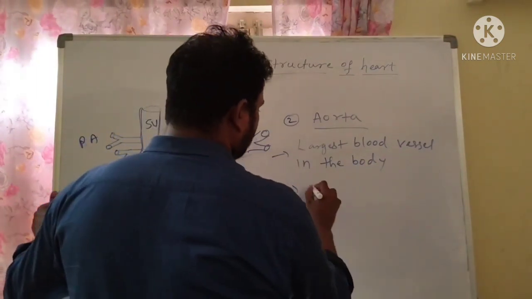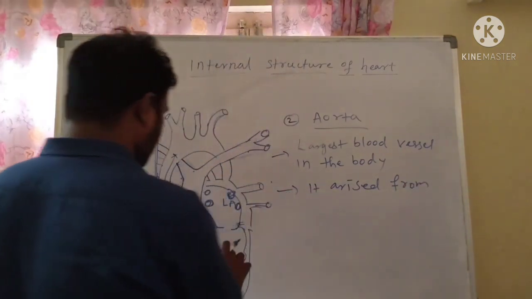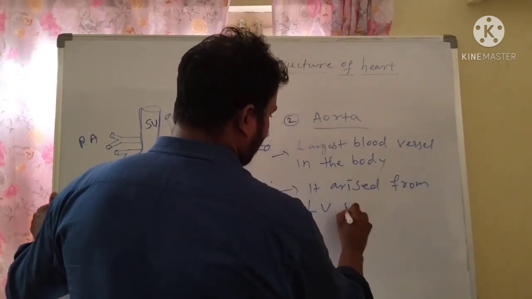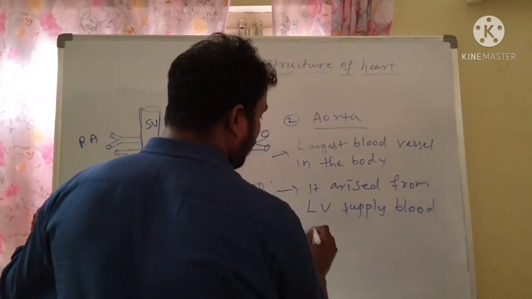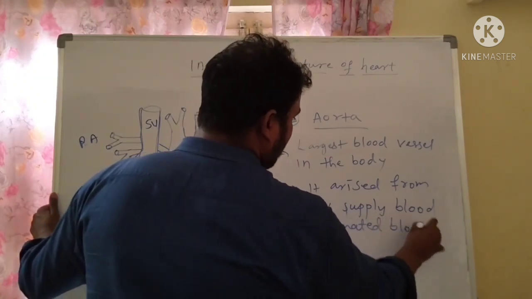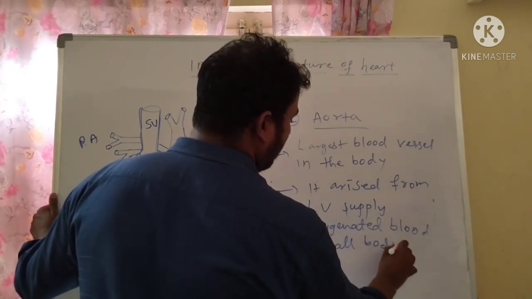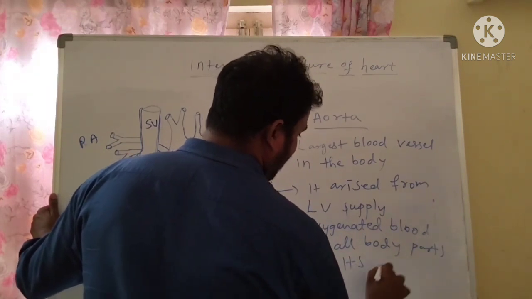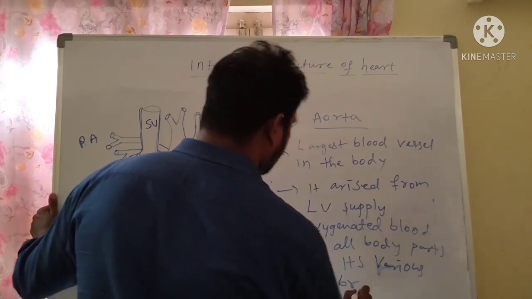It arises from the left ventricle and supplies oxygenated blood to all body parts by its various branches.